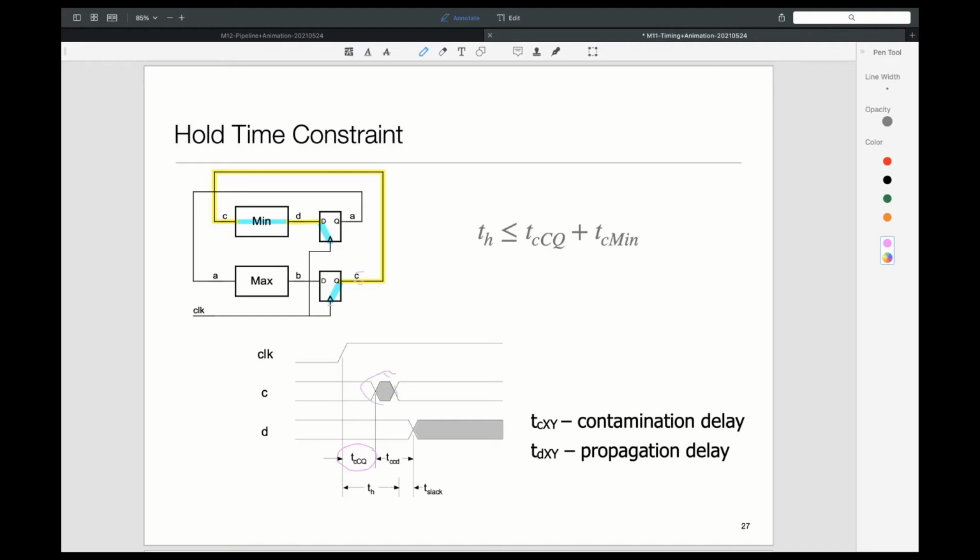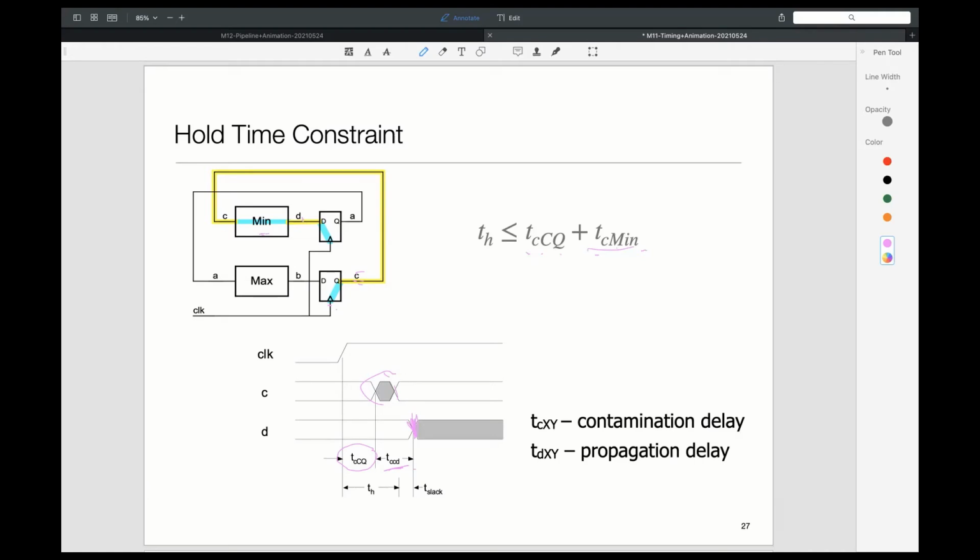And then as C begins to change, D will begin to change after the TC min, the contamination delay of the upper combinational logic. So D can begin to change as soon as TCCQ plus TC min after the bottom clock edge.